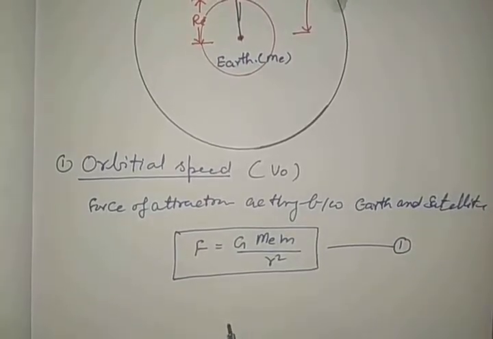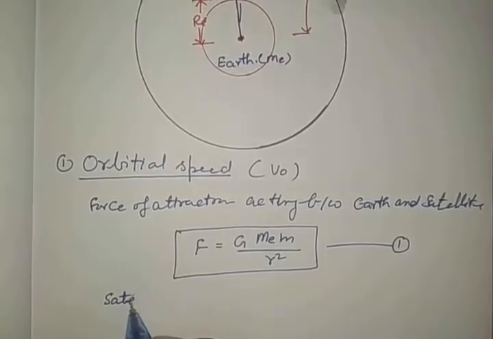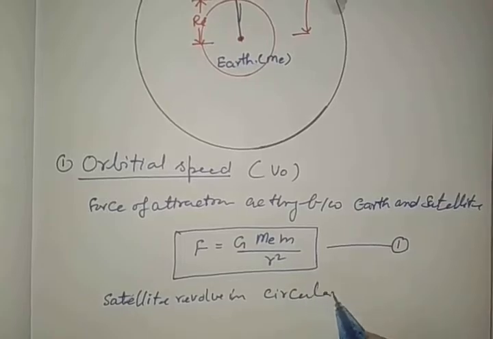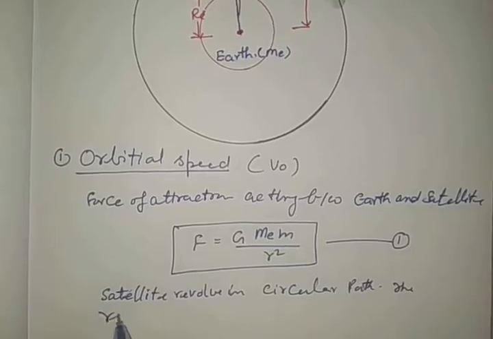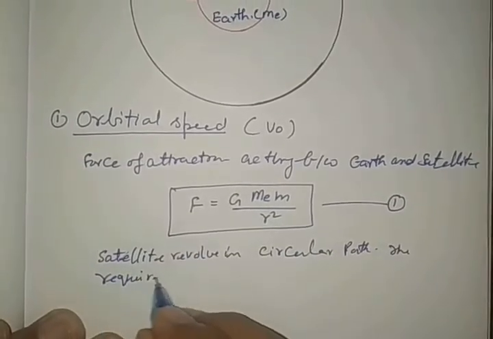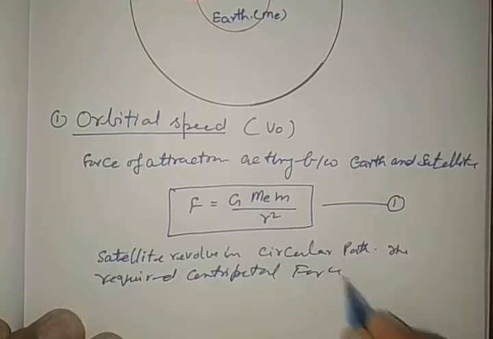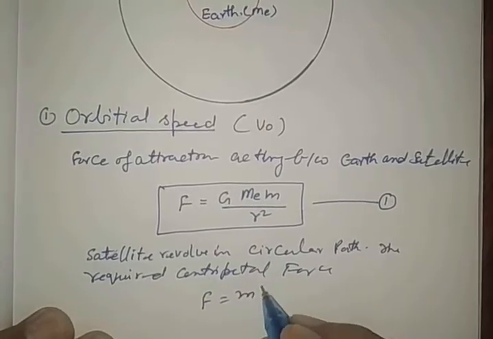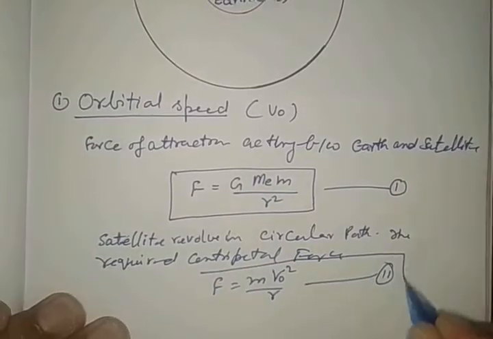Since the satellite is revolving in a circular path, the required centripetal force to revolve is given by the formula F is equal to mVo square by R, represented by equation number 2.